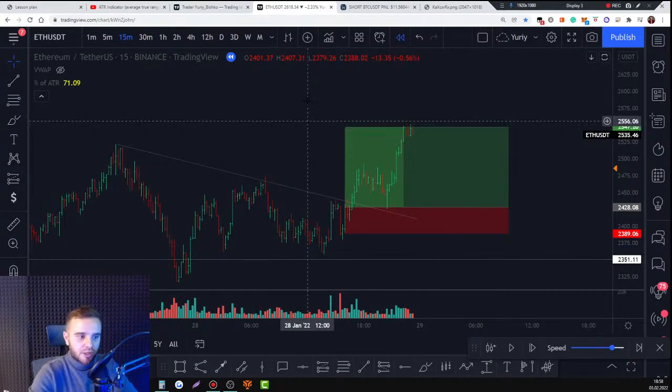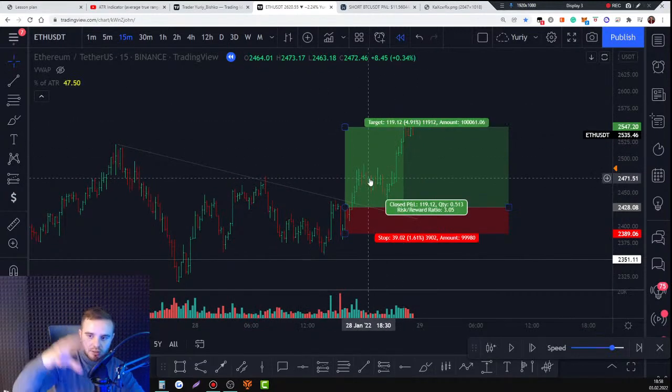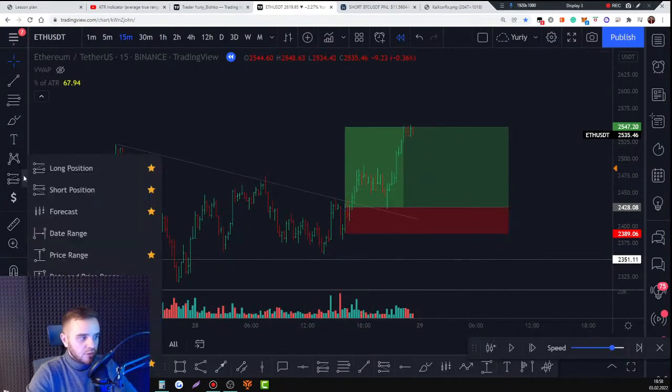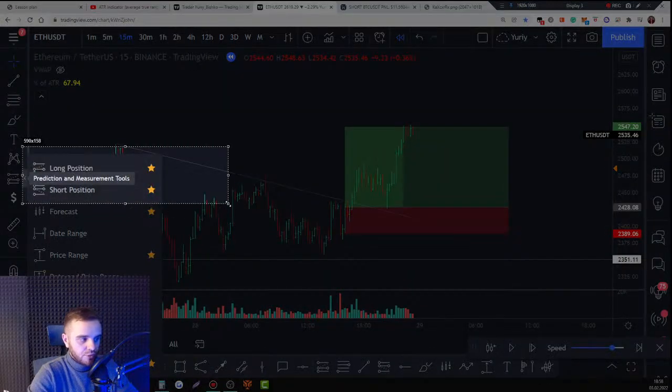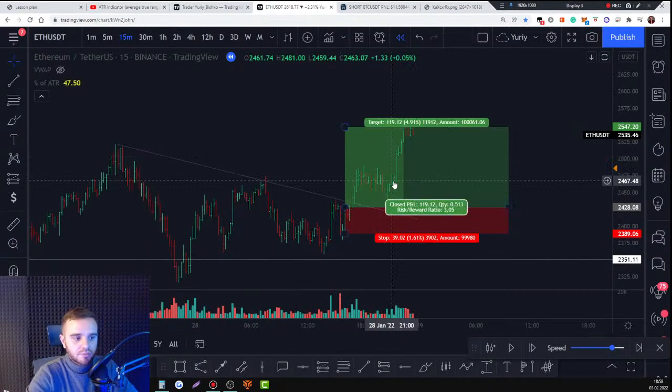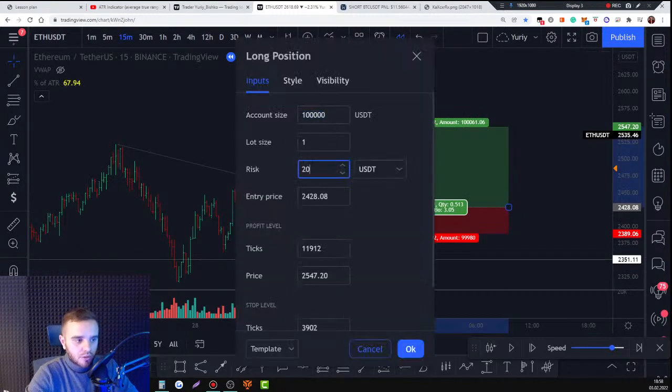That's how you open a trade. Before you open a trade, you put, as we did at this moment, the long or short position tool from TradingView. If you open a long position, you take the long position tool. If you take a short position, you use the short position tool. Here you put your risk.